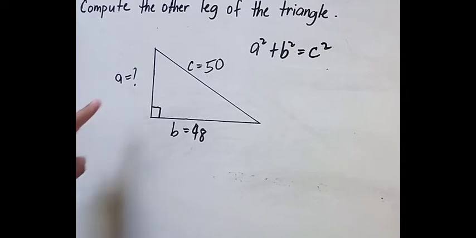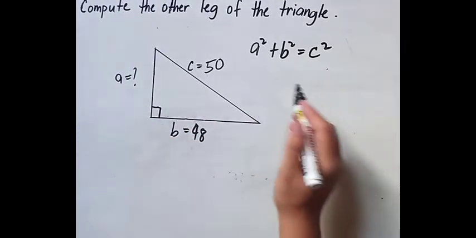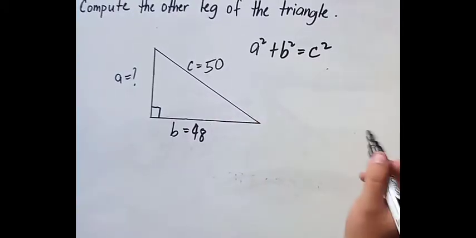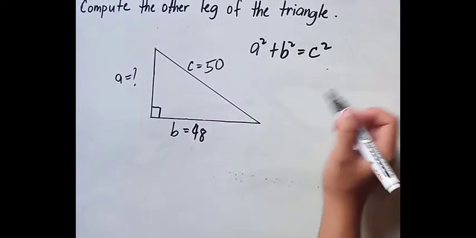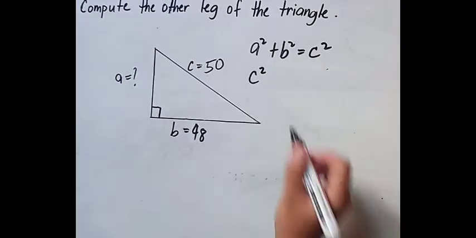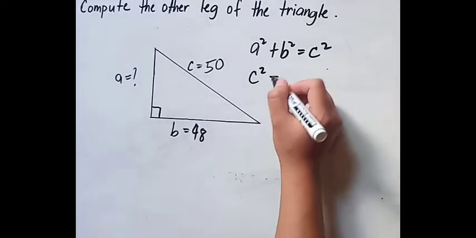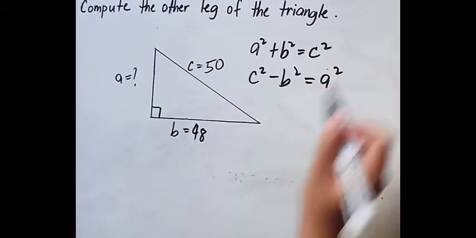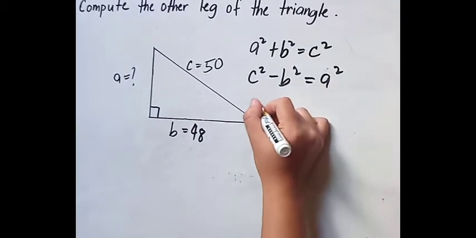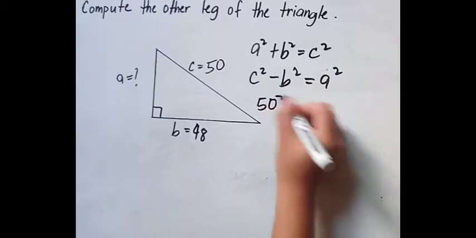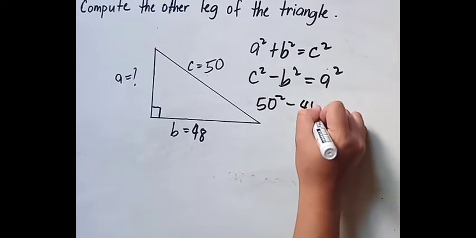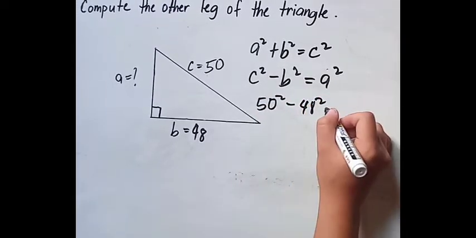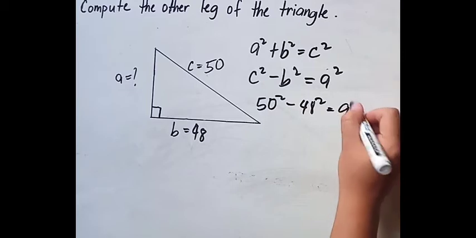How about if side A is missing? We will derive the formula in finding side A. Since sides C and B are given, that is C squared minus B squared is equal to A squared. So C squared, that is 50 squared, minus 48 squared, or B, is equal to A squared.